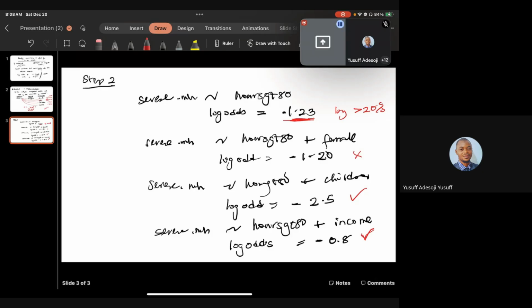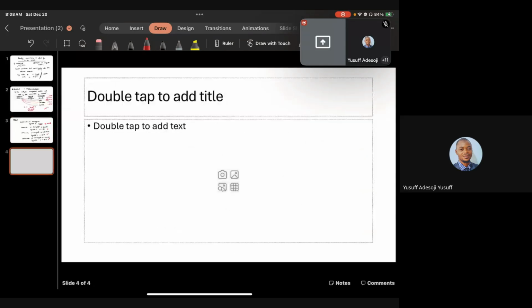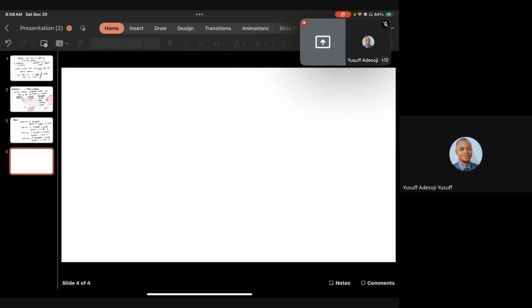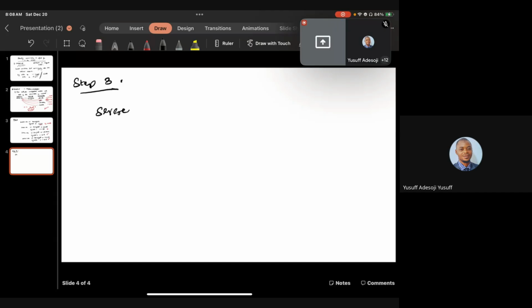And then in the next step, we will implement a model that is a logistic, a multivariable regression.